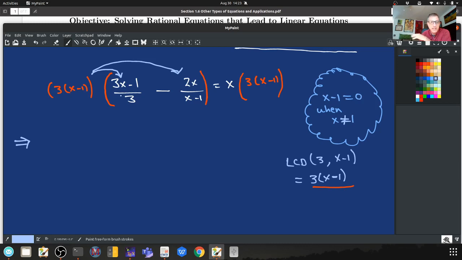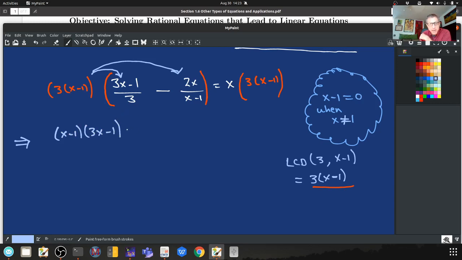Let me say that again. 3 times x minus 1 times 3x minus 1 divided by 3 is the same as 3 divided by 3, which is 1, times x minus 1 times 3x minus 1. So in this first term, the 3's cancel out, and all I have is x minus 1 times 3x minus 1. So I just cleared the denominator in the first term.